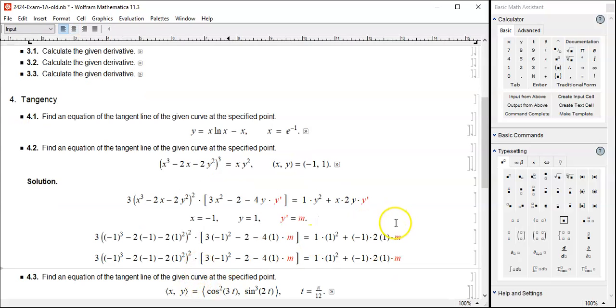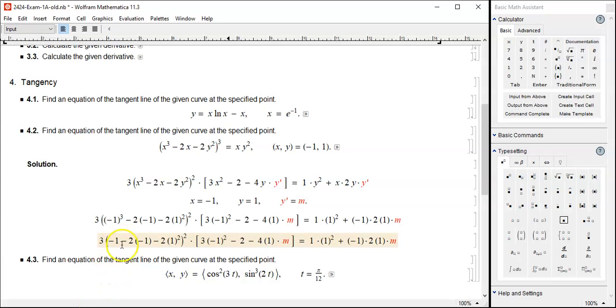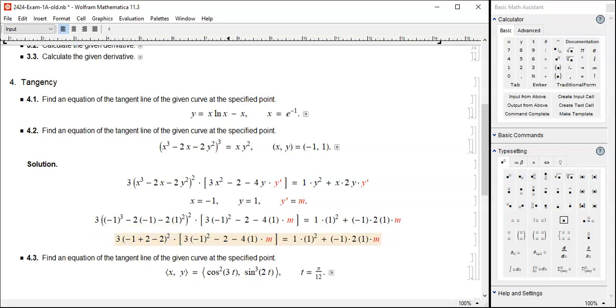As a matter of fact, I'm using computers, so I just copy and paste it and put everything in. But in reality, students will begin applying some simplification rather than just writing everything and then going into tedious steps. Most students will go to this directly. -1 to the third power, so -1. And then 2 times -1, so that's +2. And then 1 squared, so it doesn't really go.